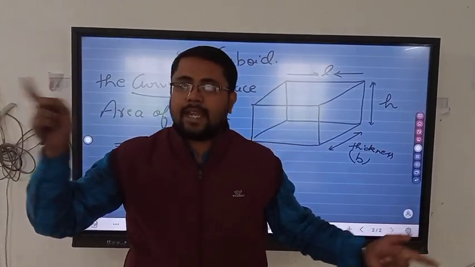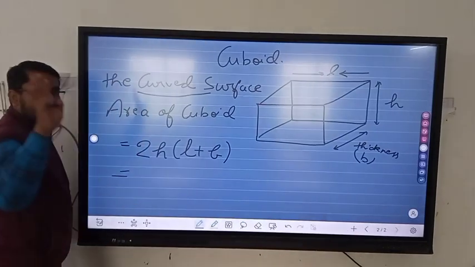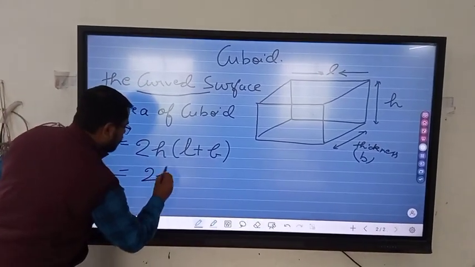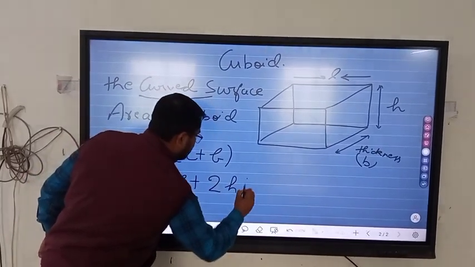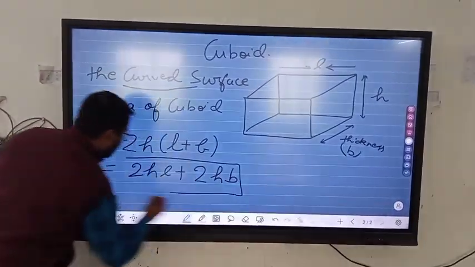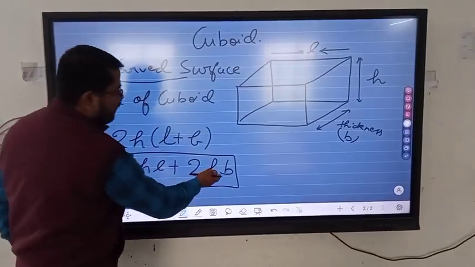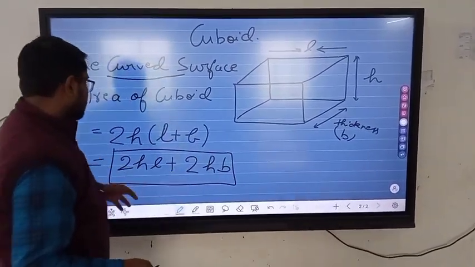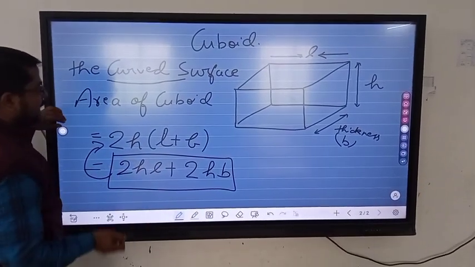This side, this side, this side, and this side. So it's total 4 sides. Means 2HL plus 2HB. Height into length 2 times and height into breadth 2 times. So the formula is 2H bracket L plus B.